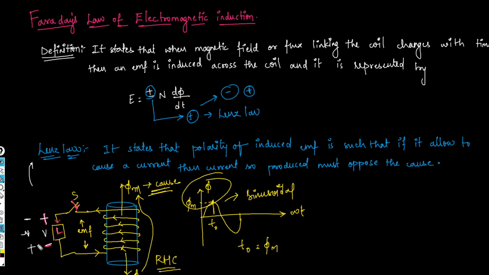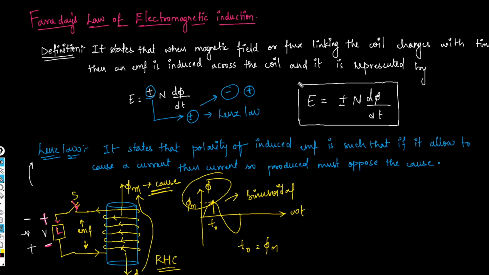Both voltages mean the same, but how you represent it matters. So this is how both Faraday's law and Lenz law are responsible for the equation E equals plus or minus n d phi by dt. If you remember just this one expression, you can easily decode all the definitions from it.